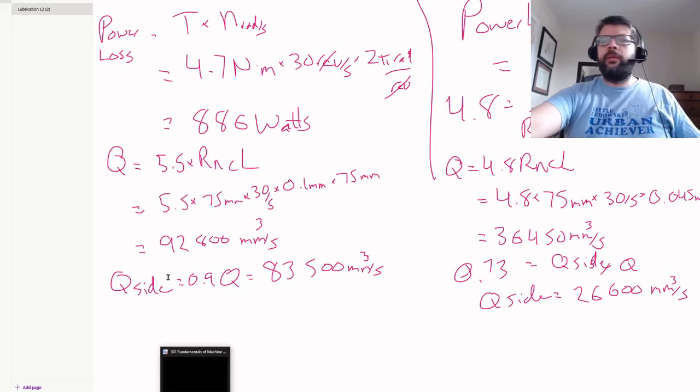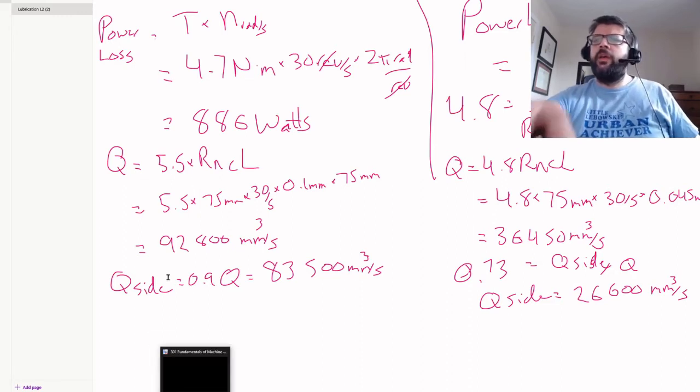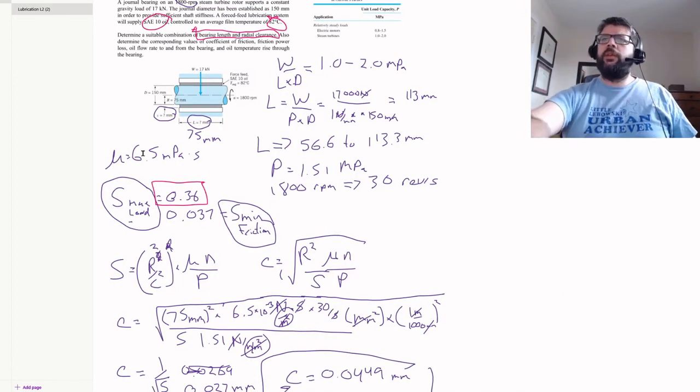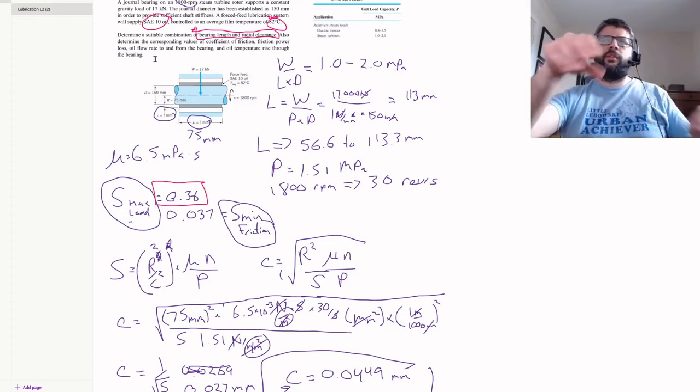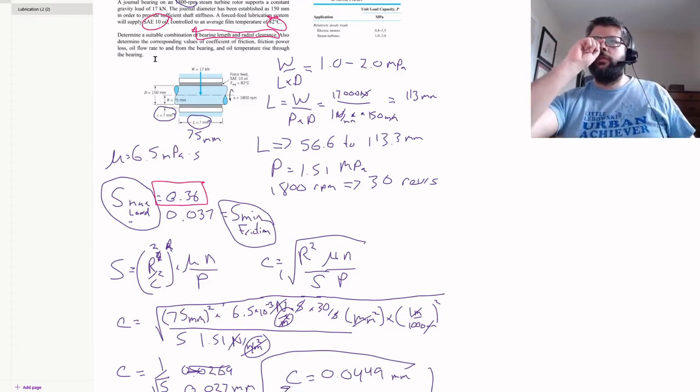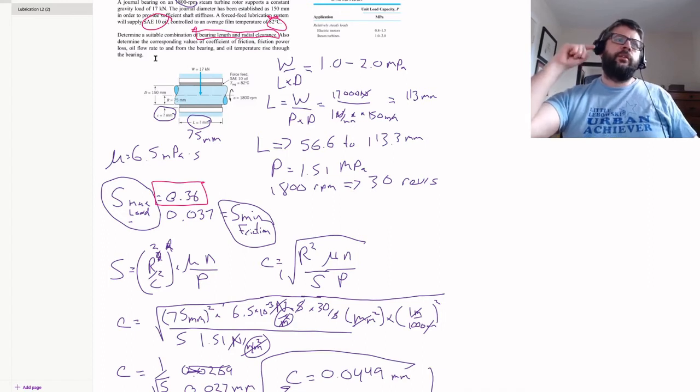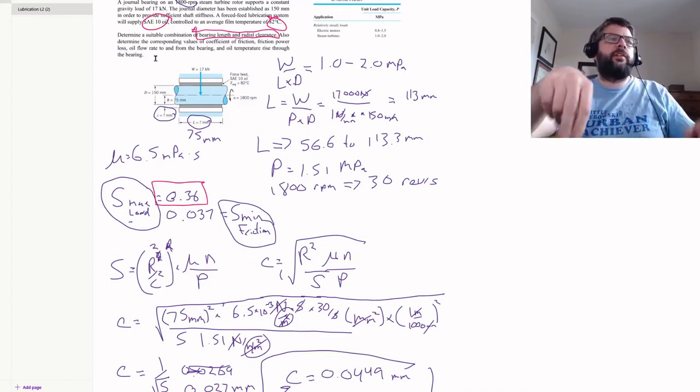So what else does the question ask of us? Oil temperature rise through the bearing. As for the oil flow rate to and from the bearing, that's going to be the side flow.